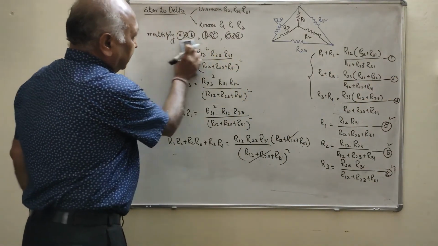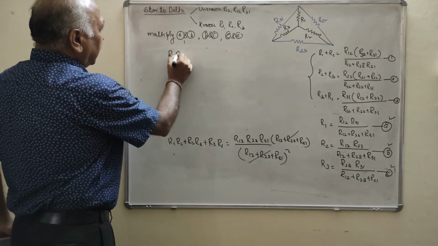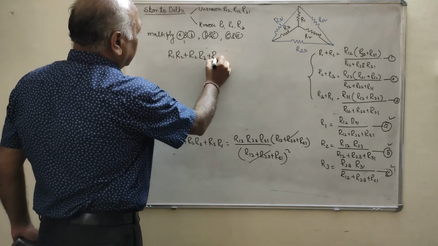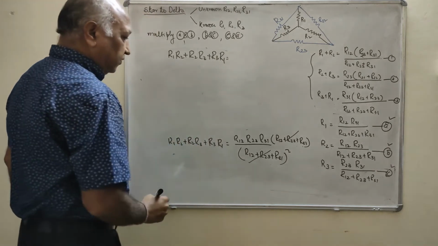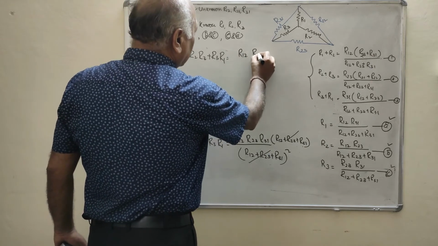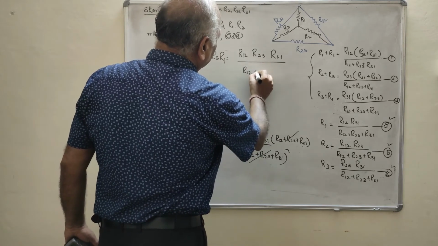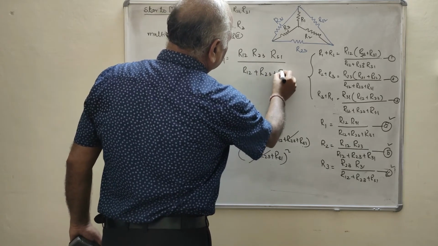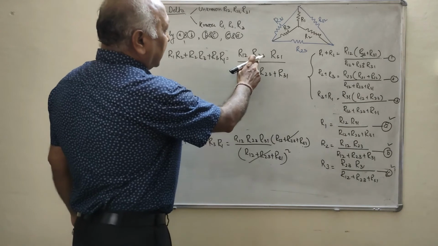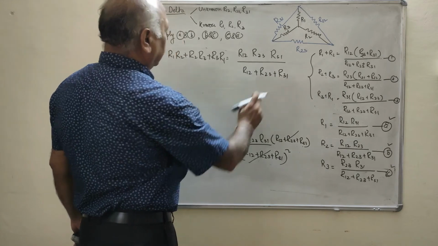It will be R1R2 plus R2R3 plus R3R1 is equal to R12R23R31 upon R12 plus R23 plus R31.